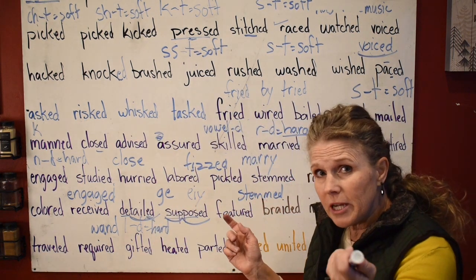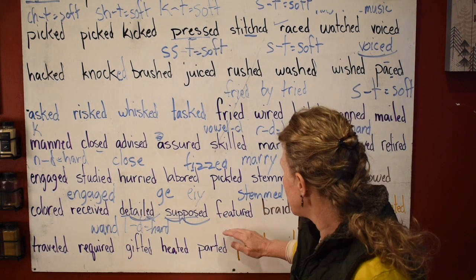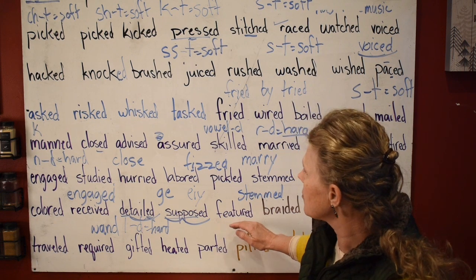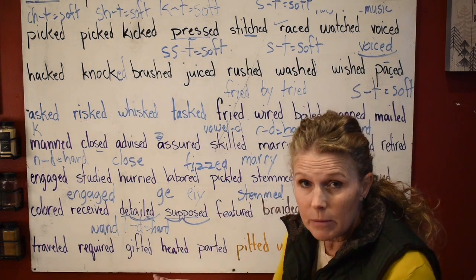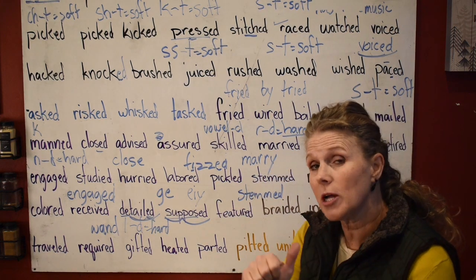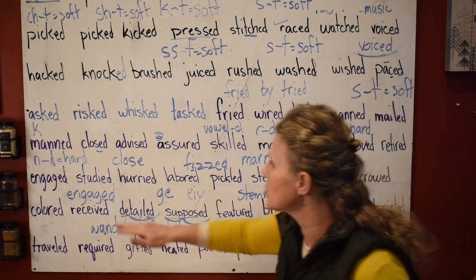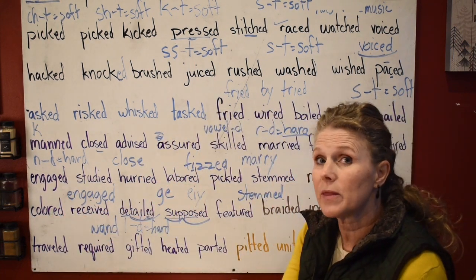Now, you do need to be careful when you're dropping the E and adding on a vowel suffix, because sometimes if you're adding on a vowel suffix like ABLE that does not start with an E, I, or a Y, it's going to mess with your G's and your C's. So be very, very careful with that.